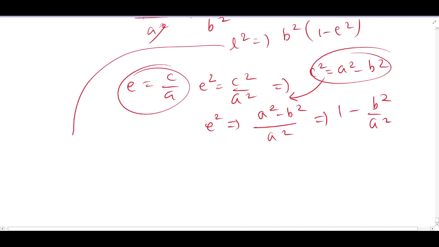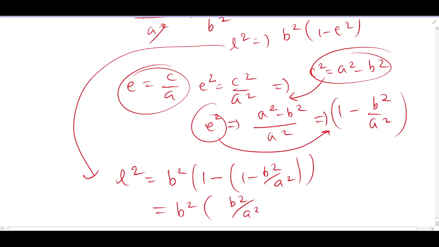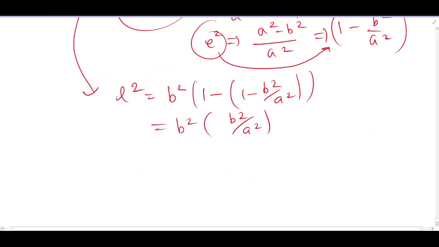So from here L square is equal to b square times 1 minus, and put e square as 1 minus b square by a square. So b square by a square. So we get L square is equal to b to the fourth by a square. So L is equal to b square by a.